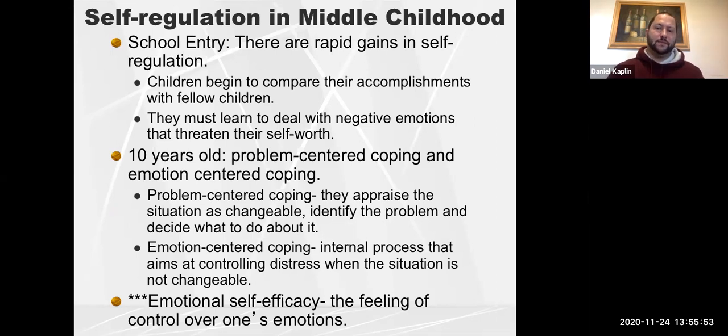So it's possible that if a child doesn't feel like they're succeeding in a classroom or someone is outperforming them, that they might have negative emotions that threatens their self-worth. And one of the challenges is to regulate that or channel that to improve their performance in the classroom.